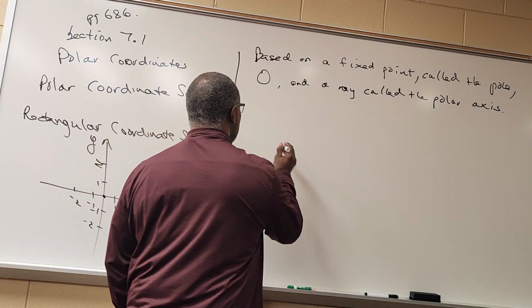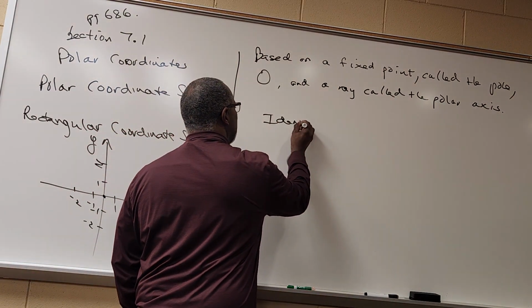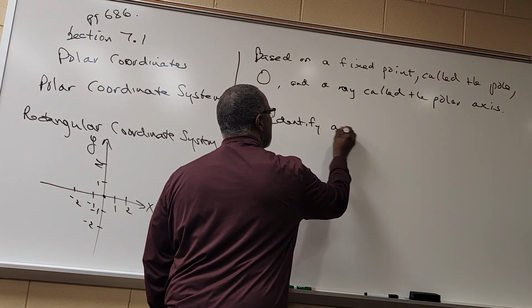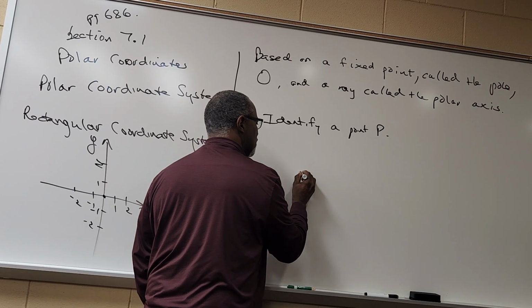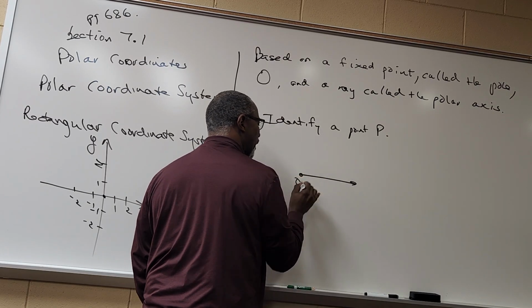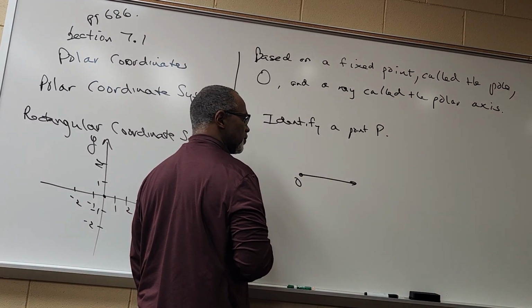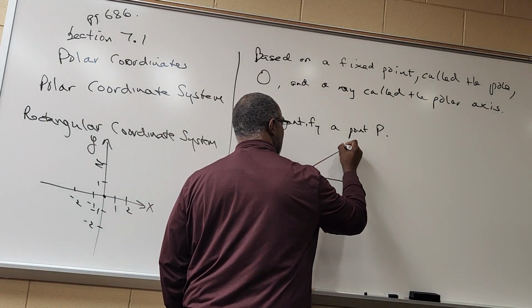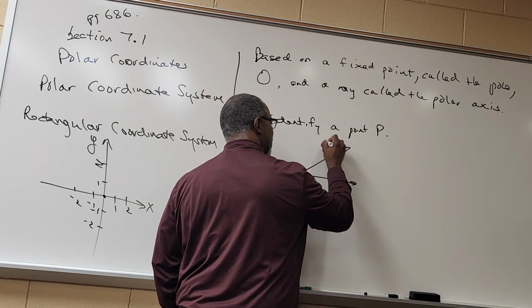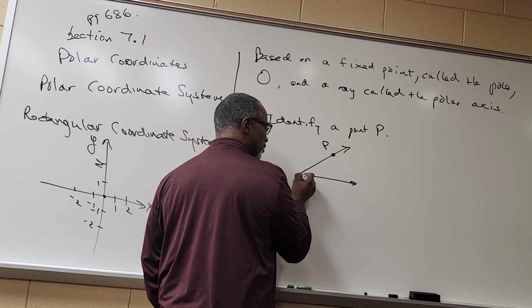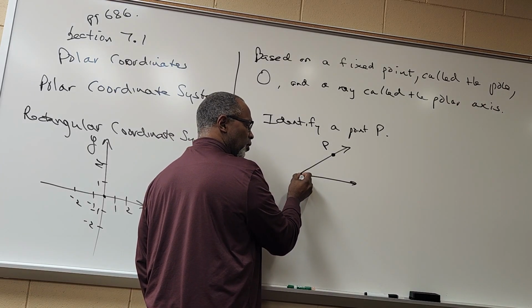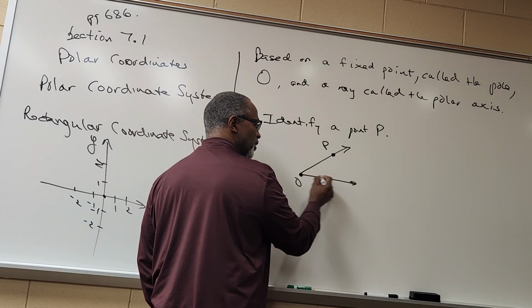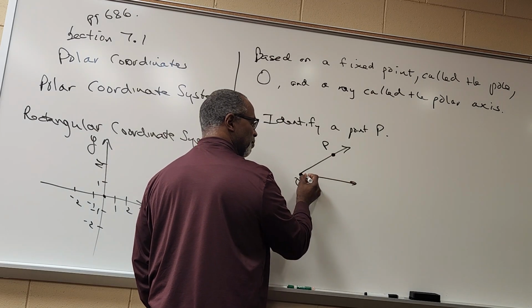So basically, we'll identify a point P as follows. We've got the pole right here, and if we've got some point P that lives in the plane, it's going to be oriented with the pole at the origin. There's what used to be the positive x-axis.